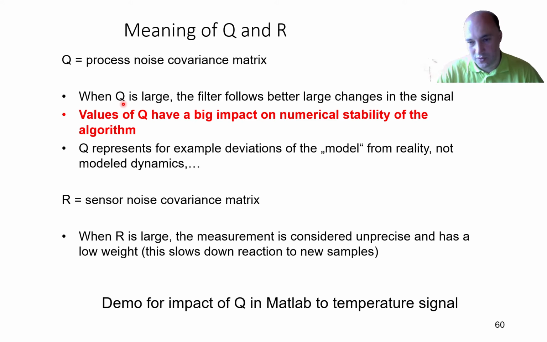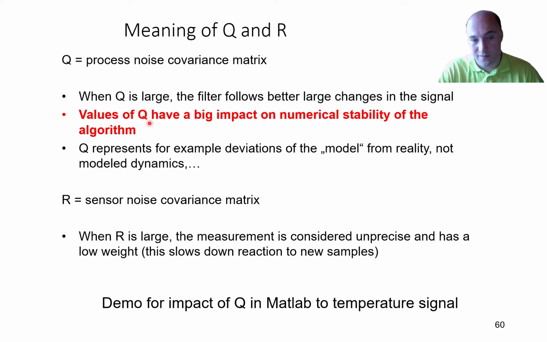So from this point of view, it would be nice to put Q at a large value. But on the other hand, if you have a large value of Q, it will not be able to filter out all the noise that you want to get rid of. So by tuning the value of Q, it's possible to have some trade-off between how well it filters and how well it follows.